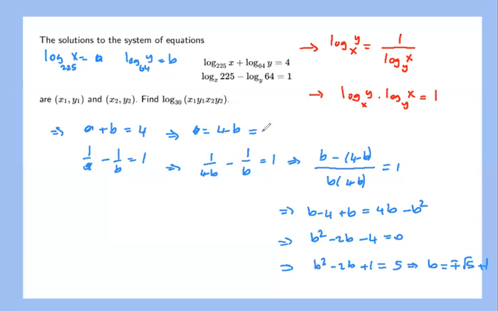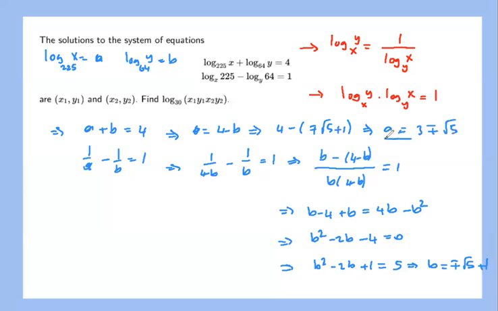So if b is plus or minus root 5 plus 1, you should get a equals 4 minus that. If this is root 5, you will get minus root 5, and 4 minus 1 will be 3. So a is 3 plus root 5 or minus root 5.